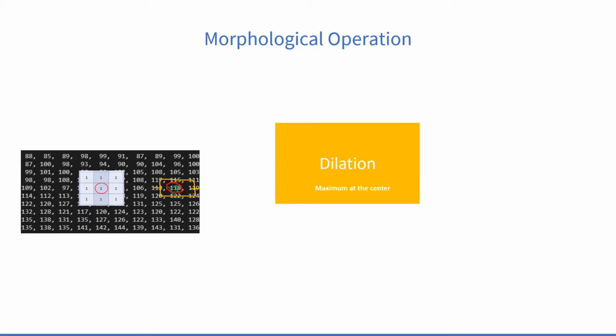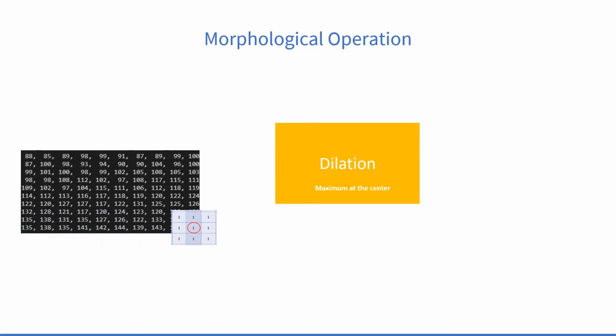In this way we will do all the pixels in the image, replacing each with the maximum with respect to the center. It starts from the top left, goes through every row, and replaces the pixel with respect to the neighbors. So dilation is just replacing the pixel with the maximum of its neighborhood.